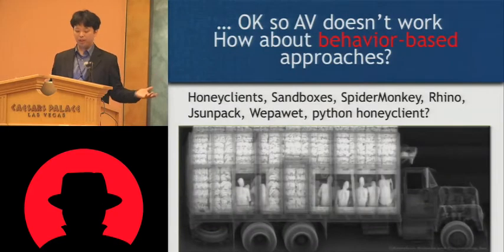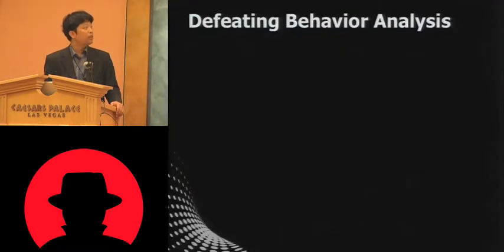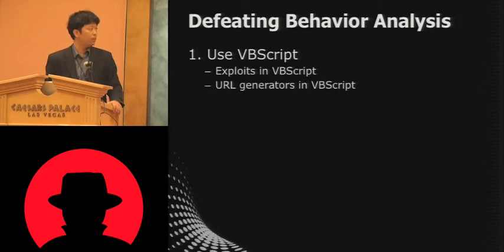How about behavior-based approaches? Honey clients, sandboxes, SpiderMonkey, Rhino, JS Unpack, and Python honey clients, for example. Well, it's very easy. First of all, we haven't shown it here, but instead of generating JavaScript, we generate VBScript, and most automated detections are based on some versions of SpiderMonkey or Rhino, and that doesn't execute VBScript unless you implement your own engine.